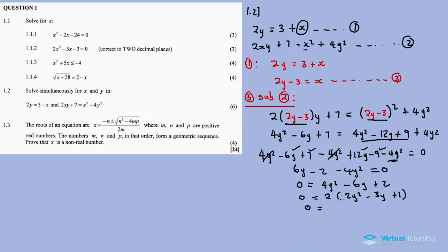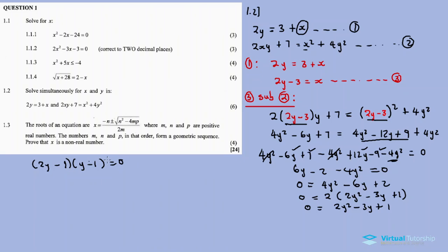0 is equal to, divide both sides by the 2, 2y squared minus 3y plus 1. Then apply the factoring method. You have 2y minus 1, y minus 1 equal to 0.